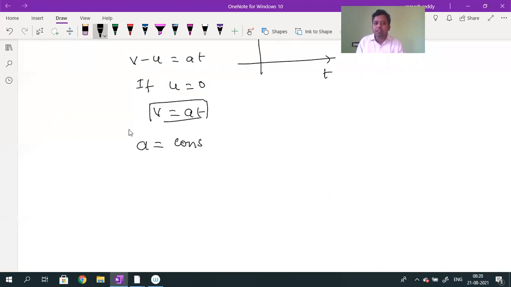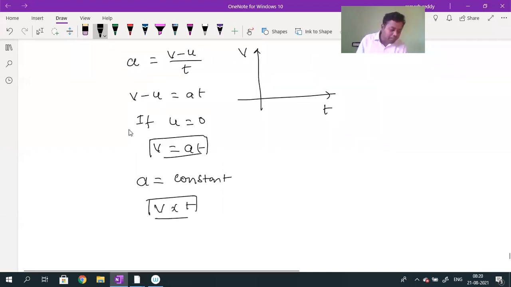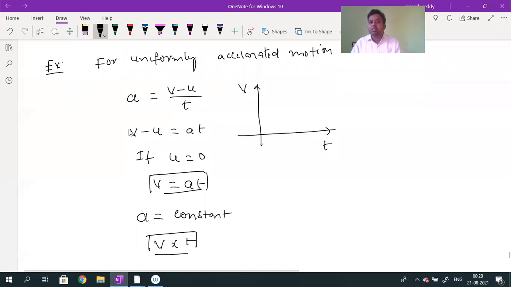So when the a value is constant, v is directly proportional to t. When velocity is directly proportional to t, what is the shape of the graph drawn between velocity and time? It is a straight line passing through the origin.